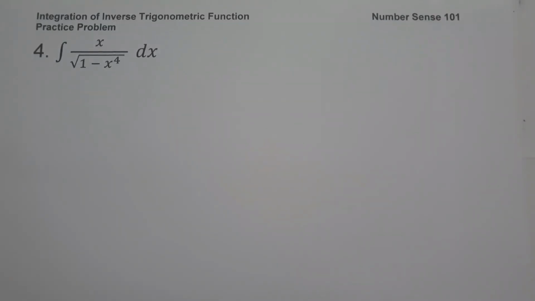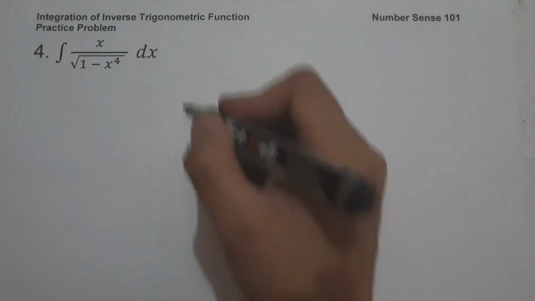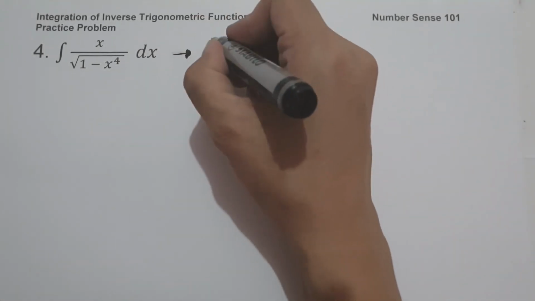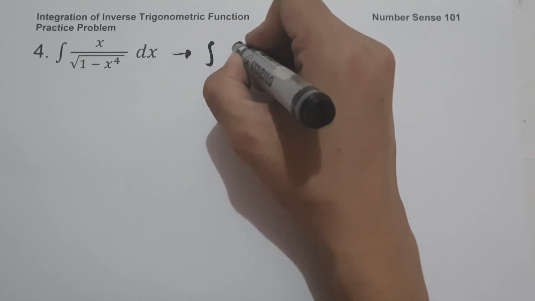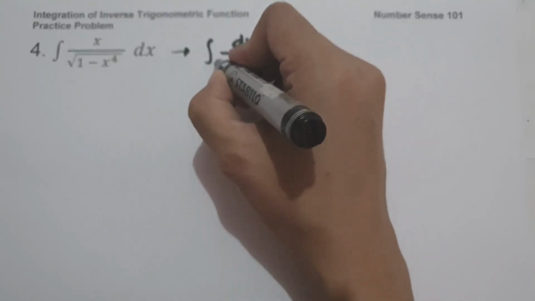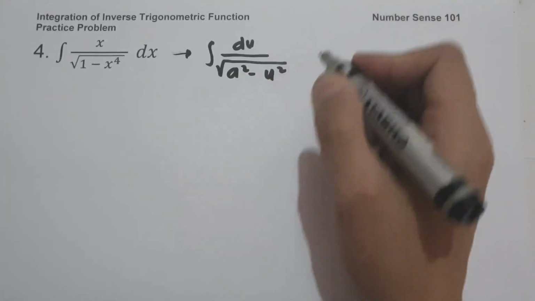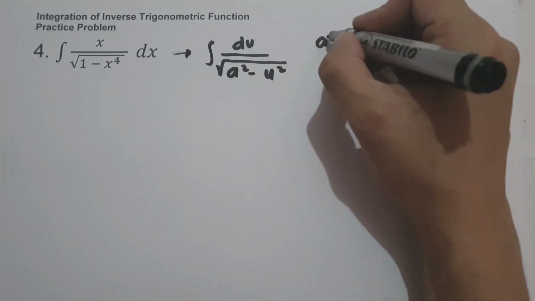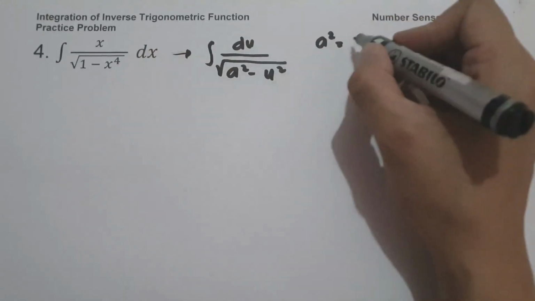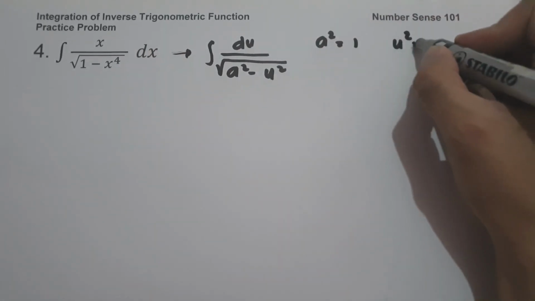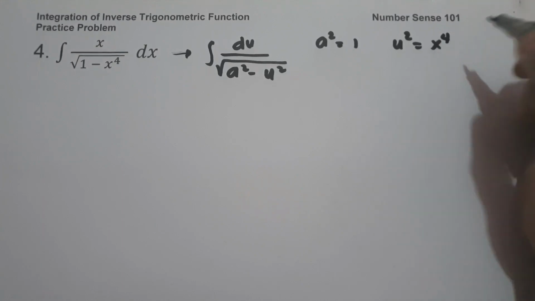On example number 4, what is the antiderivative of x over square root of 1 minus x raised to 4 dx? So the given expression is written in the form of the antiderivative of du over square root of a squared minus u squared. So the value of a squared, that is 1, and u squared, that is x raised to 4.